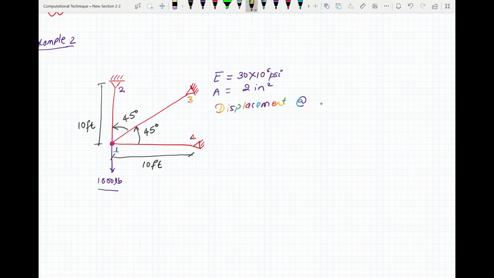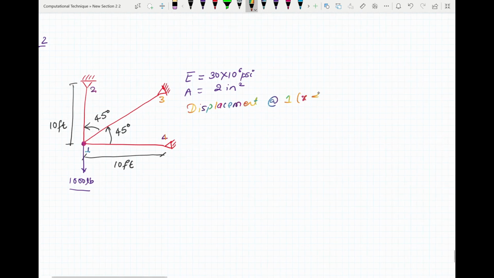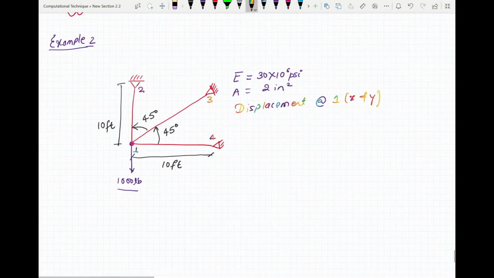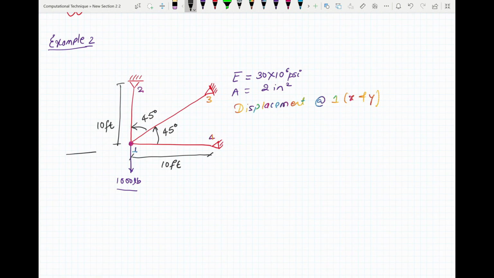We need the displacement at node 1 in x and y direction. So this can be our x direction and this is our y direction. Now this is the problem.